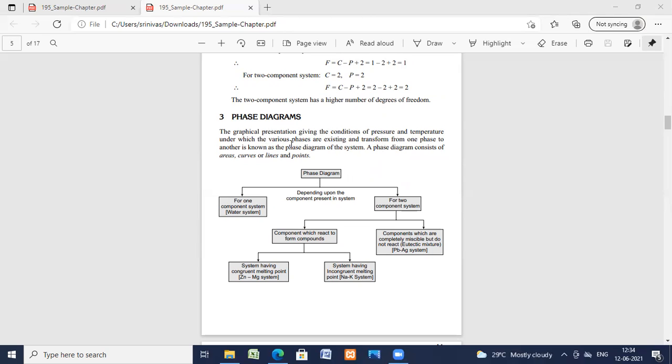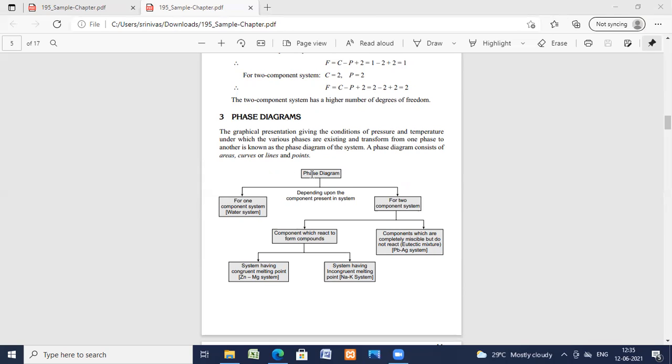So you can better understand what a phase diagram is: how the phases change with respect to pressure and temperature conditions, all represented in a diagrammatic way. In this phase diagram you get areas, curves, lines, and points, and for each system we need to discuss the areas, curves, lines, and points.